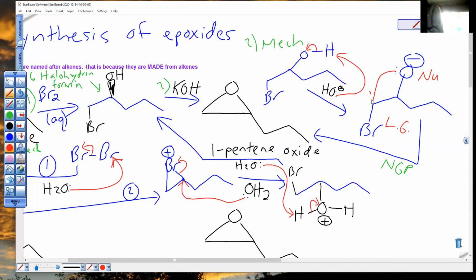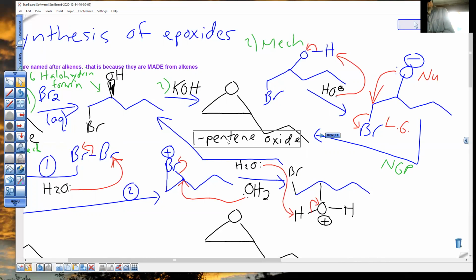Backside attack inside the same molecule, leaving group leaves, and you made your epoxide. I wonder if I can move its name a little. There we go. You made 1-pentene oxide.